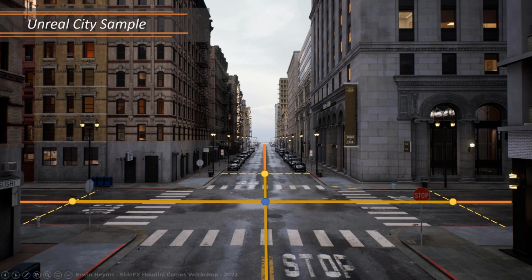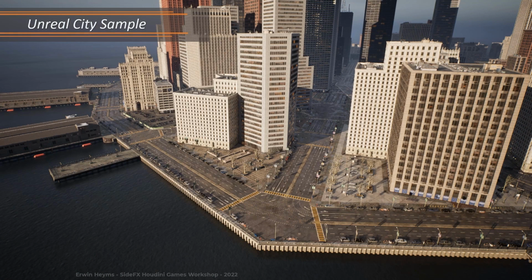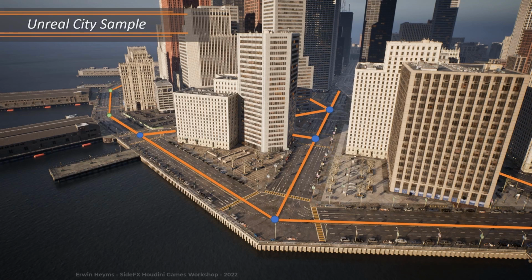It's quite useful actually. So here we can look at it from above. And we have again a road network here of connections and intersections. And then here on the left, we have a couple of green dots, and these are basically corners. So in the Unreal City sample, road segments are always straight. And that means that any turn is basically treated like an intersection with only two exits.